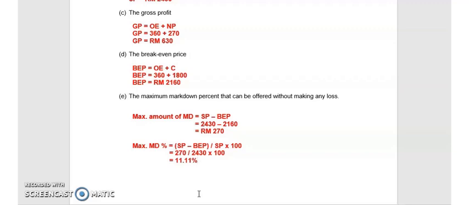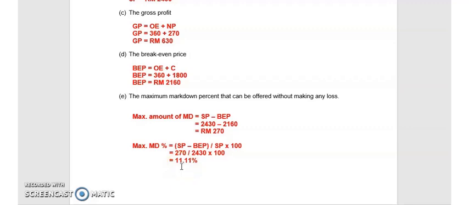For example, let's say your customer asks for a 10% discount. 10% is below 11.11%, so it is okay to offer your customer a 10% discount, because the maximum markdown percent that you can give is 11.11%.